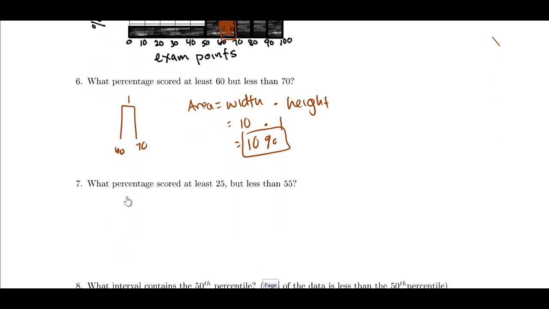And what percentage scored at least 25 but less than 55? So from 25 to 50, our height was 0.2. And from 50 to 55, our height was 1.